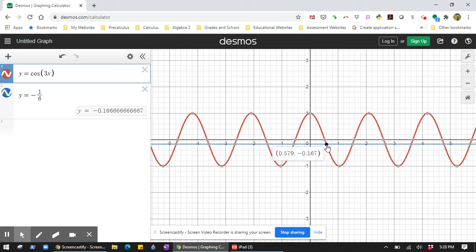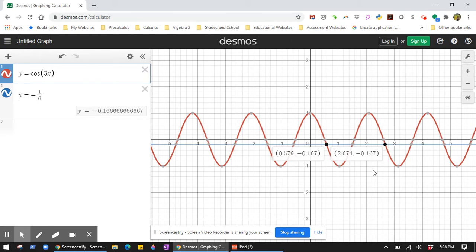I see an intersection point here, on this cosine graph on its way down, where it's decreasing. Then I see another one on its way up where it's increasing, and yet another one on its way down. The two intersections where the cosine is on its way down essentially belong to the same family of solutions.